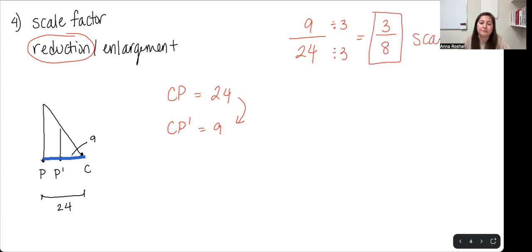scale factor. Now, this image originally was a three-dimensional shape. I'm not quite sure how to draw this three-dimensionally. Maybe like, I don't even know, like that, but that kind of looks kind of funny to me, and so I decided against it.